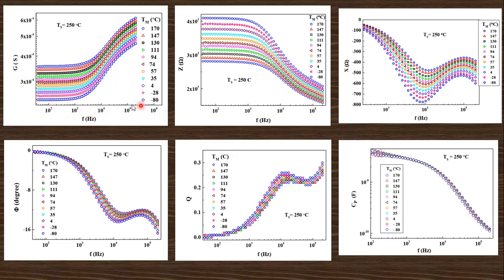I obtained this curve in my research experience in my lab. You can see here the actual curve we obtained with this instrument for this material, the silicon doped zinc oxide. With the variation of frequency, the conductance increases like that.